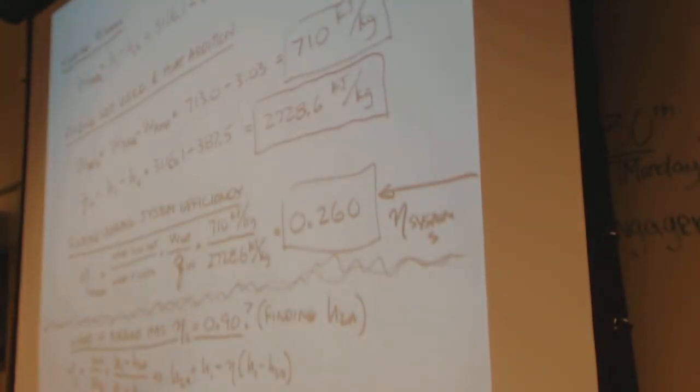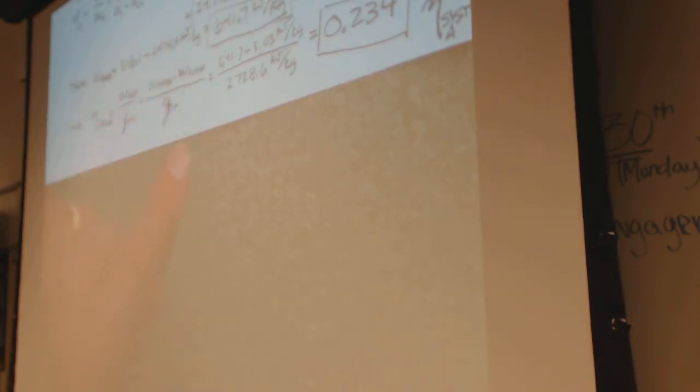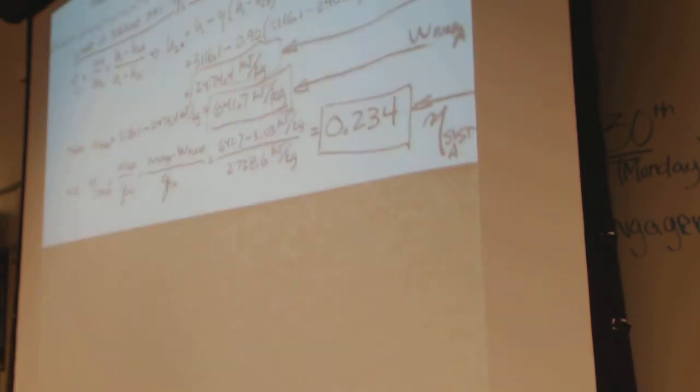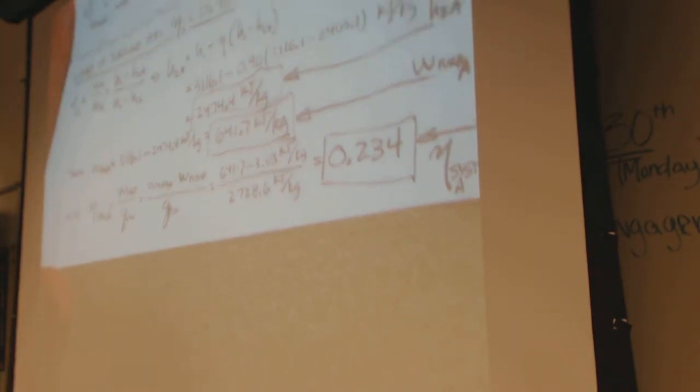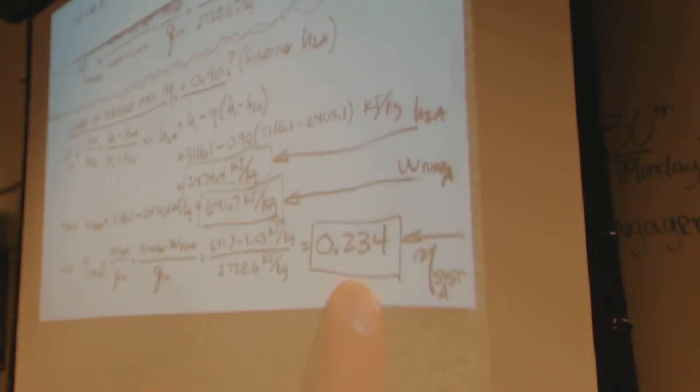If you went through all that with the 90% efficient turbine, your efficiency goes from 26% to, same process, but now with slightly different numbers, 23%, because of the turbine efficiency.